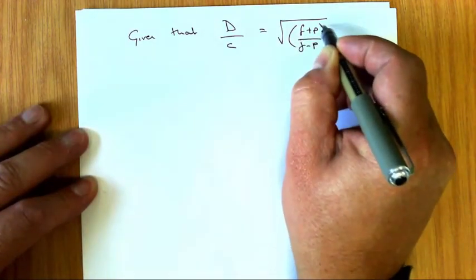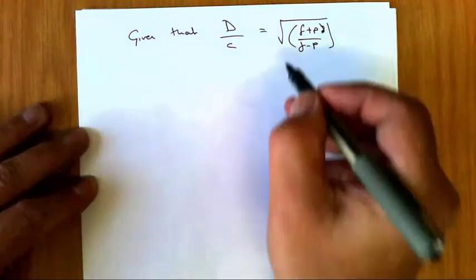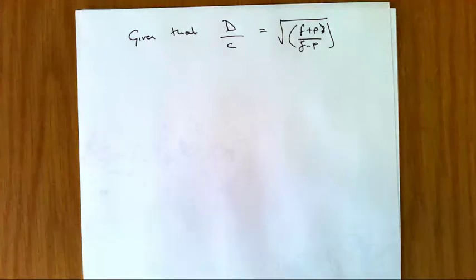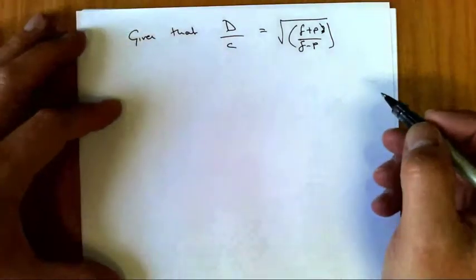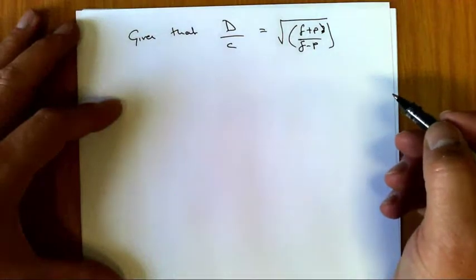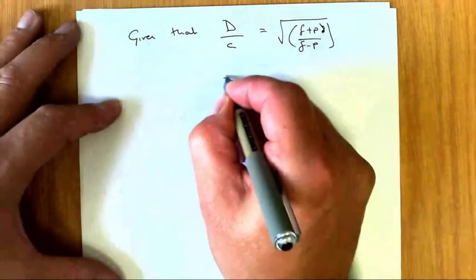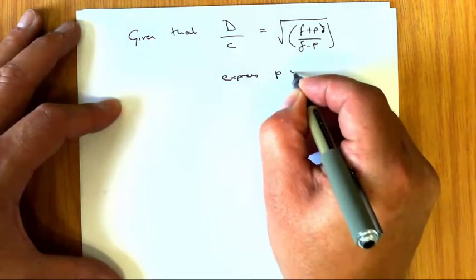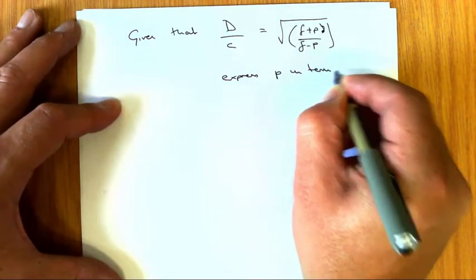Oops, that bracket's not meant to be there, it's meant to be over the whole thing. Okay, so we've got this equation. It doesn't look nice, and we're told that we want to express p in terms of the other letters.